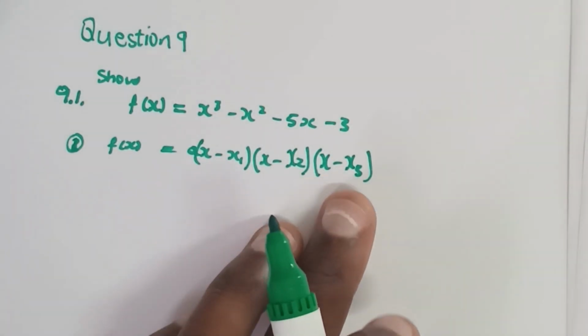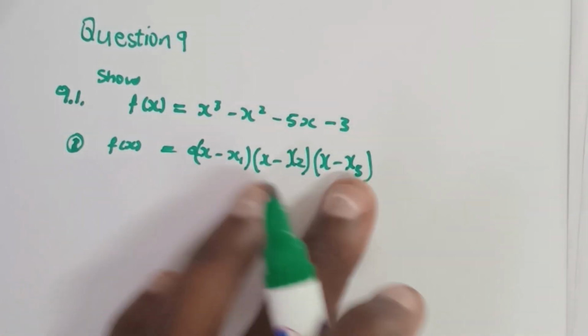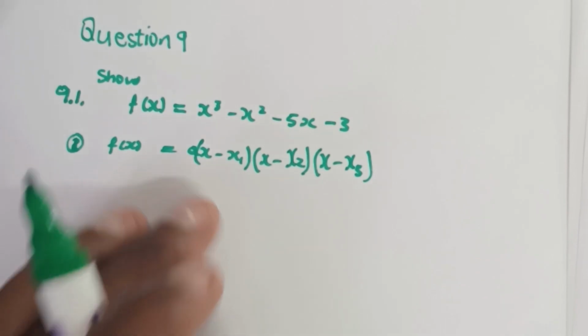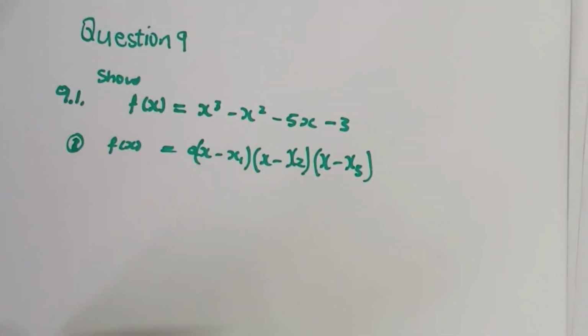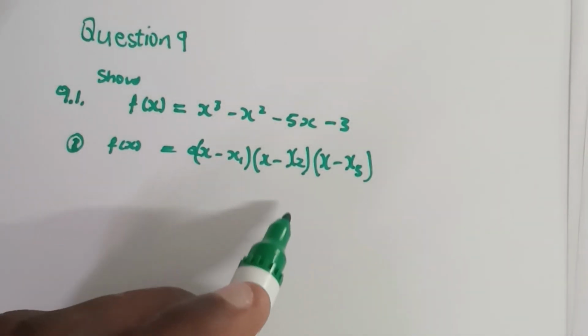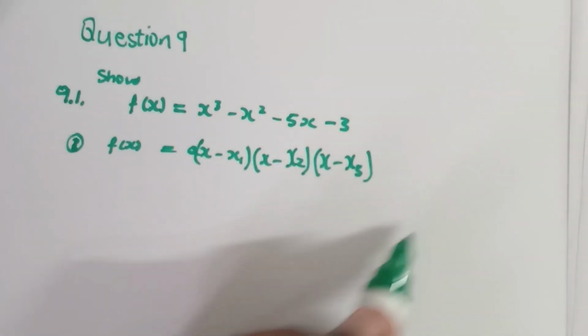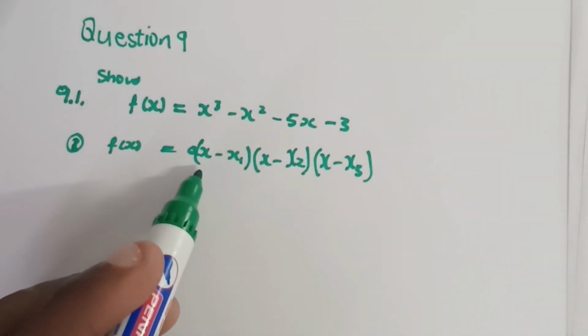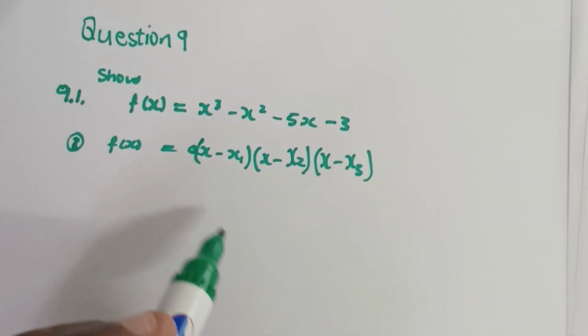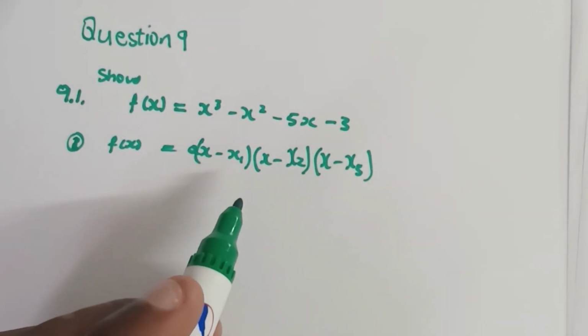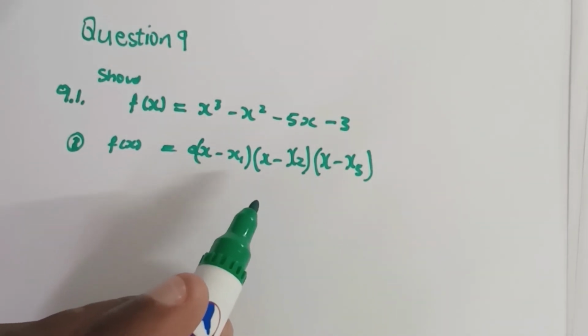You use this one whenever you have three x-intercepts. Whenever you have three x-intercepts, you can use this general form to find the equation for the graph.